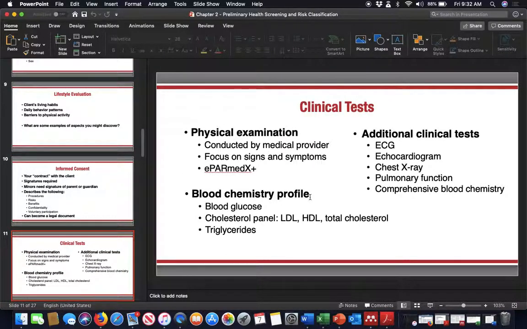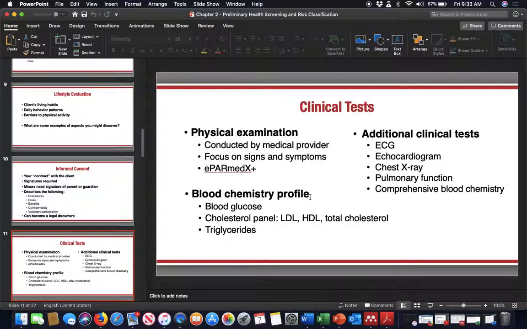So in terms of clinical testing, we have physical examinations, that's where the EPAR MedX Plus comes into play. We're looking for signs and symptoms. Medical professionals take care of that. Same thing with medical professionals doing blood chemistry. You're getting your blood draws done, looking at all of those parameters, and then you can have EKGs, echocardiograms, chest X-rays, and pulmonary functioning. That would be more like a respiratory therapist versus us as exercise professionals.